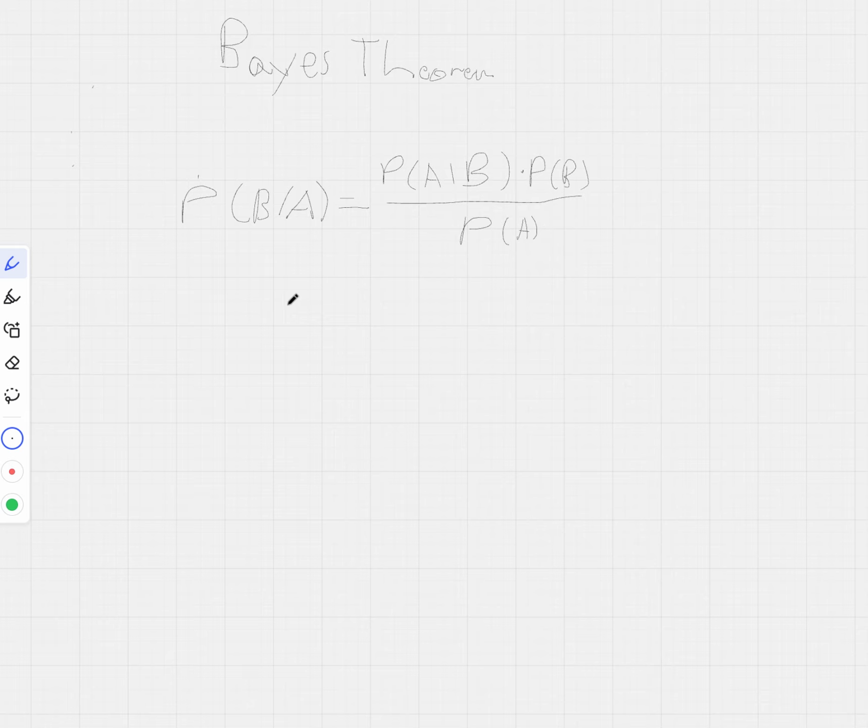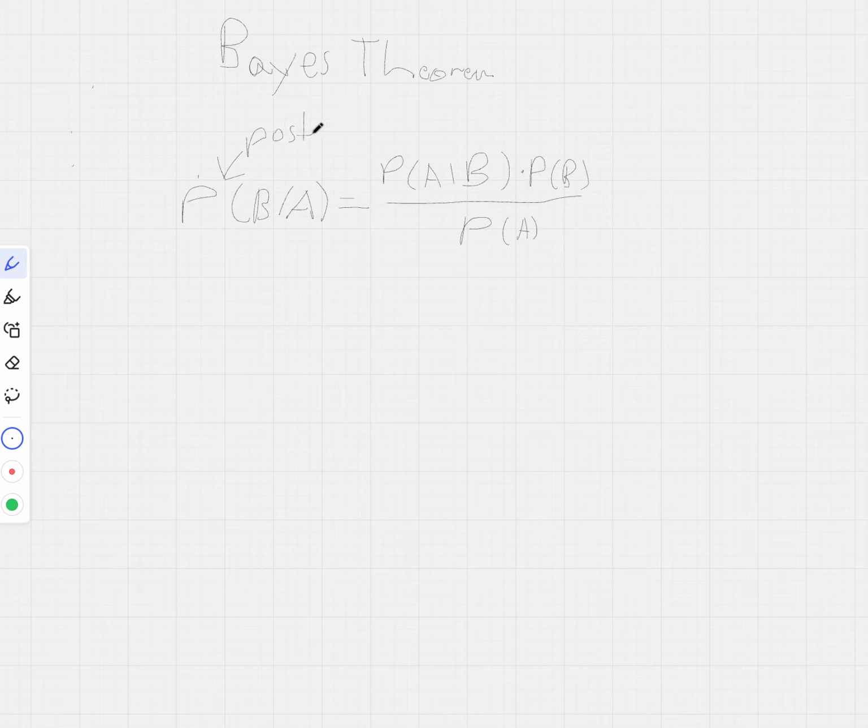One interpretation of this theorem is that it essentially allows us a way to calculate how a probability of B is changed given more information. You'll often hear this value be called the posterior probability.